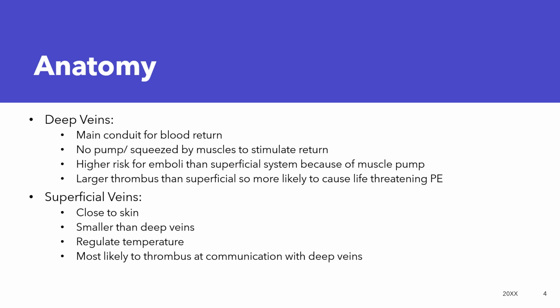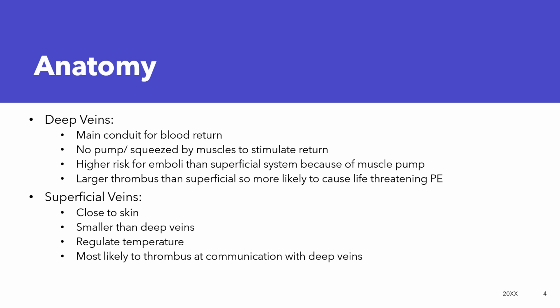Now, our superficial veins, while they might not be as much of interest in this study as our deep veins, also have a very important role. One of the most important roles of our superficial venous system is to keep venous blood closer to the periphery, or closer to our skin layer. And that allows for temperature regulation.